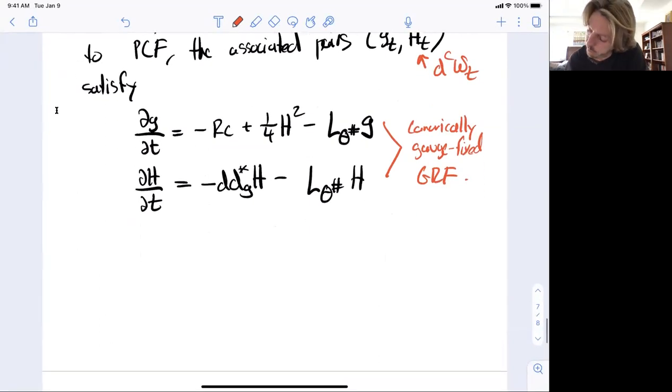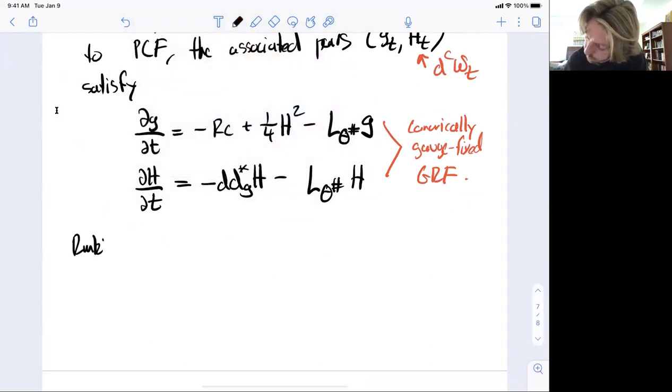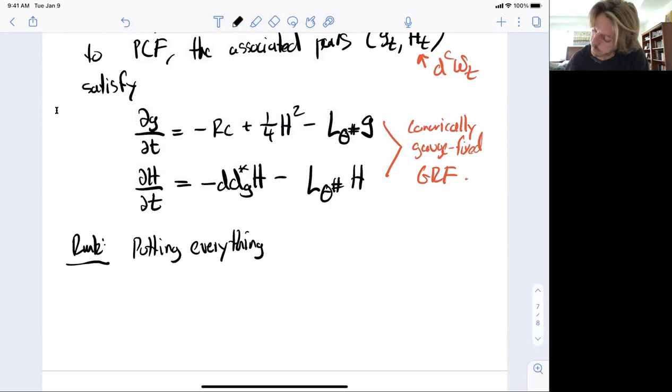And maybe just as a remark, putting everything back to the regular generalized Ricci flow gauge.